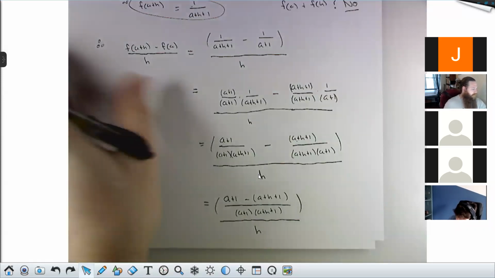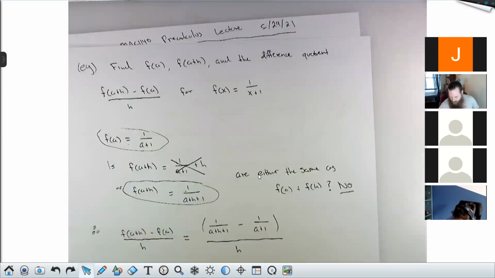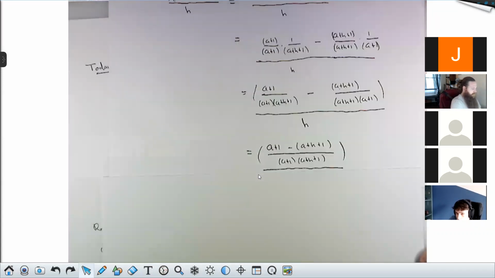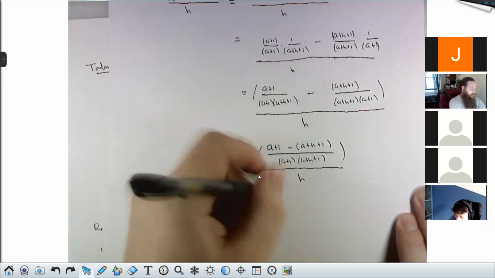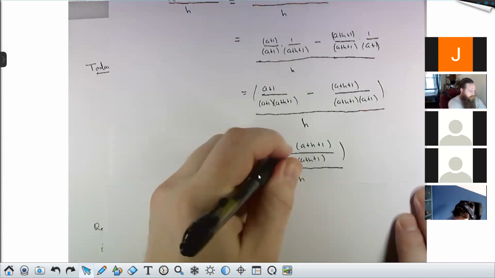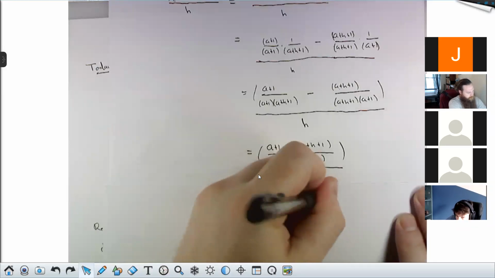Okay. I'm going to distribute that negative, combine like terms, and we'll be done with this. I have a plus 1, and now distributing this negative, I have minus a minus h minus 1.